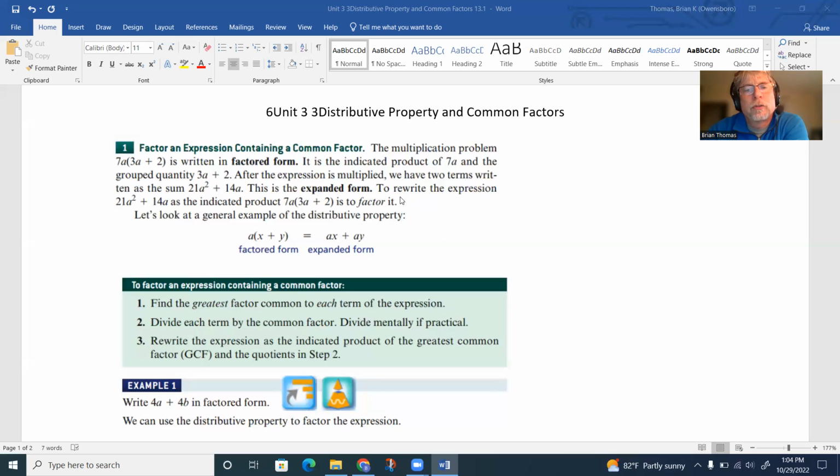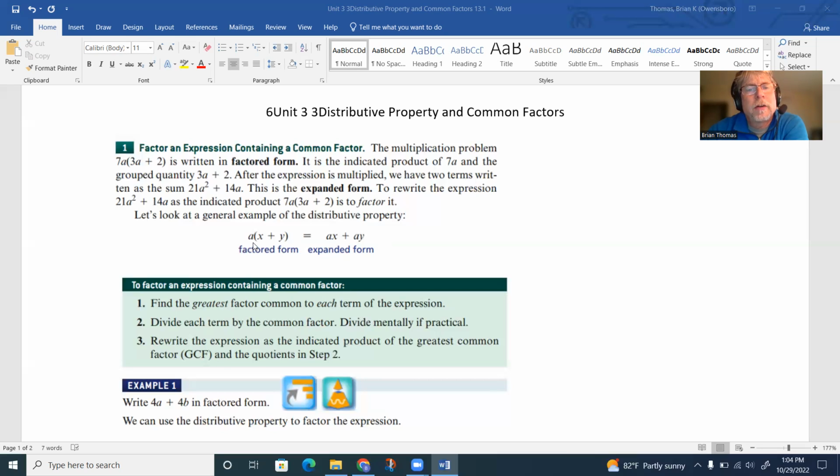So to rewrite the expression 21a squared plus 14a as the product of 7a times the quantity 3a plus 2 is said to factor it. You're going to hear me use this word factor. Factor means to rewrite this as an expression that represents multiplication, as opposed to things separated by purely addition or subtraction.